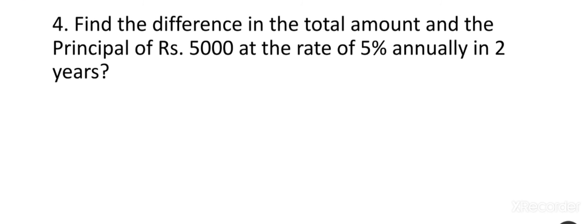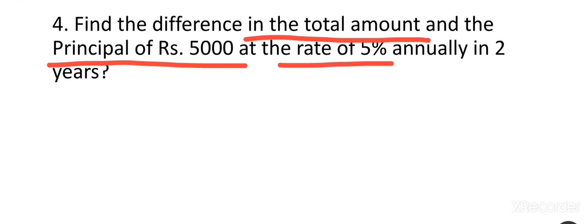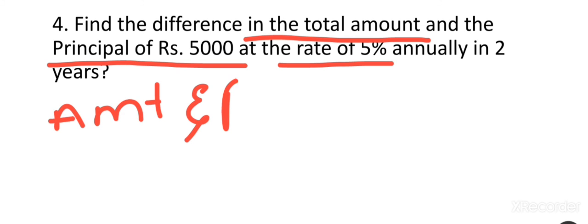Next question is, which is last question, find the difference in the total amount and the principal of rupees 5,000 at the rate of 5% annually in 2 years. We have to find the difference between total amount and principal.